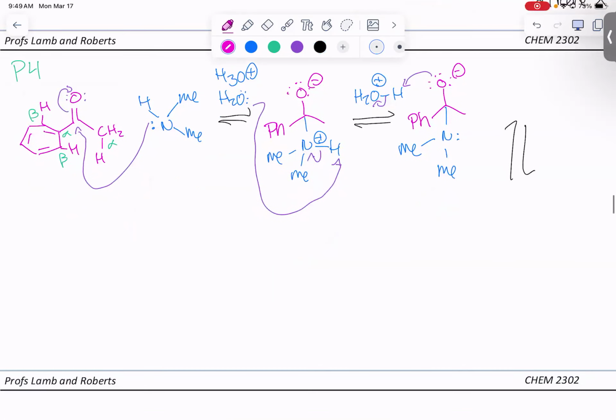We'll bring this down. The compound that we make is going to be neutral. Our oxygen is now protonated. And our amine is neutral as well. Nothing's changed on the bottom. All right, this is our hemiaminal. We've seen this intermediate before.